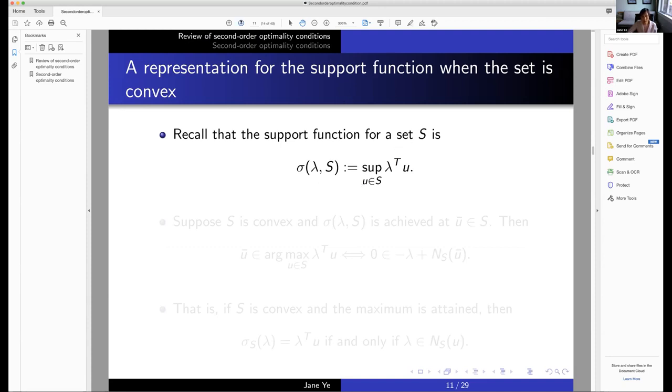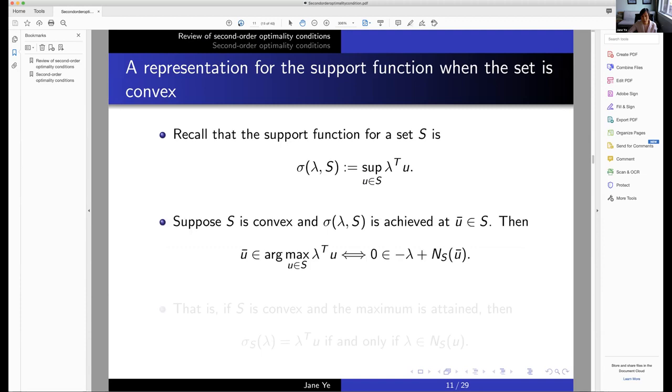This is the definition of the support function. Suppose in the very nice case where S is convex and the support function is achieved at a certain u bar, then by the optimality condition, we have this. It's simply the optimality condition.